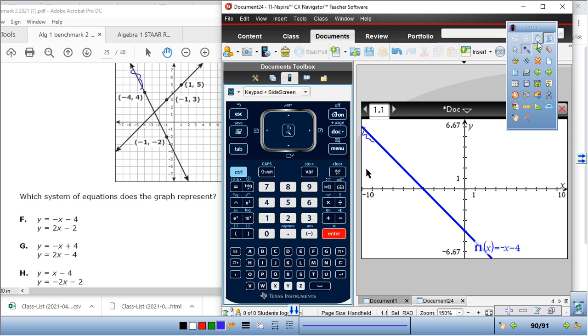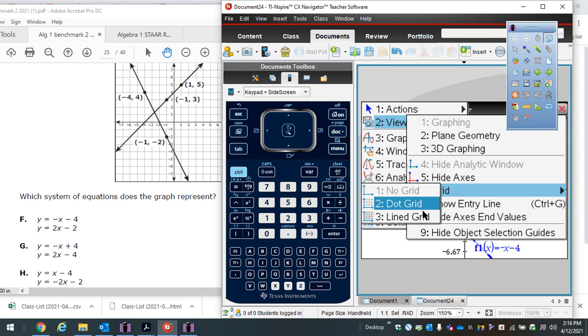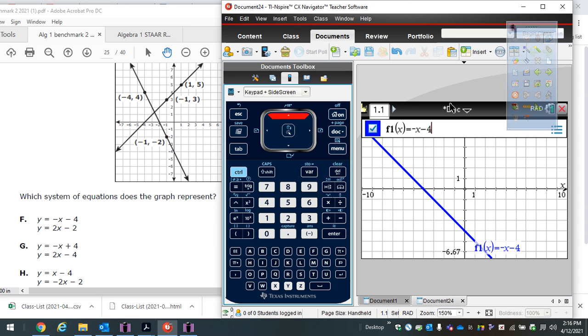I'm going to go to view, and we turn the grid to line grid so I can see it better. Does it go through 4, 4? No. So I'm going to go tab. Automatically I know that one is out.